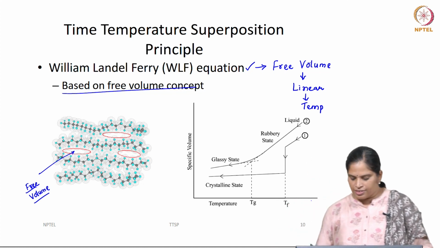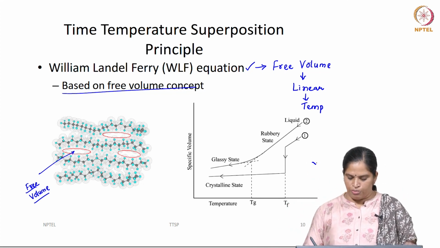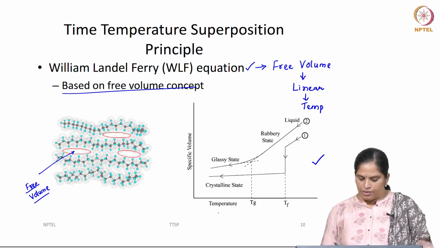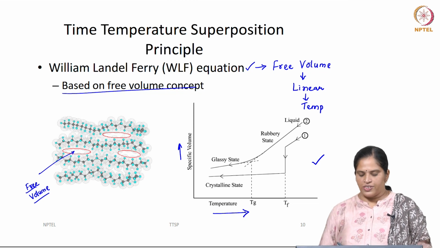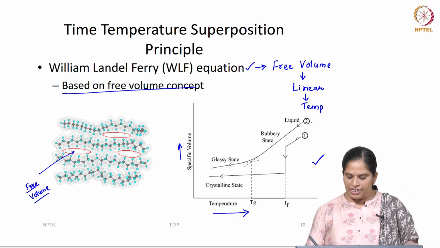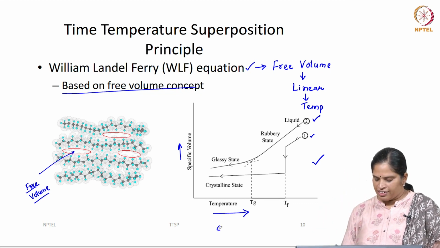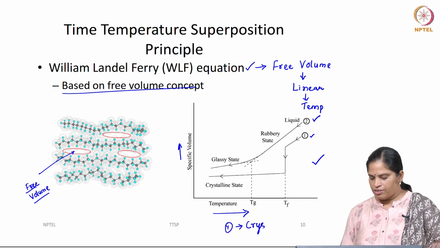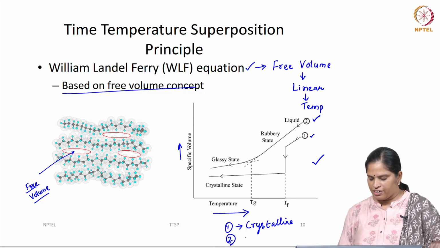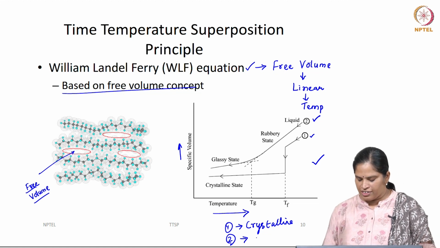You can see this well established plot. You have specific volume on one axis and temperature on the other. You have two materials, one written as 1 and the other as 2 here. One is a crystalline material and 2 is an amorphous material.